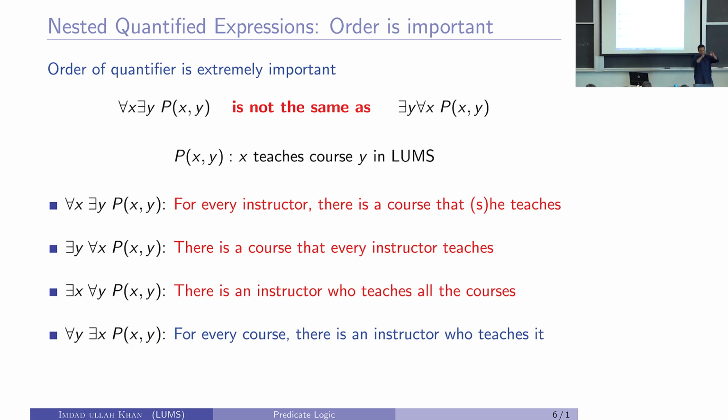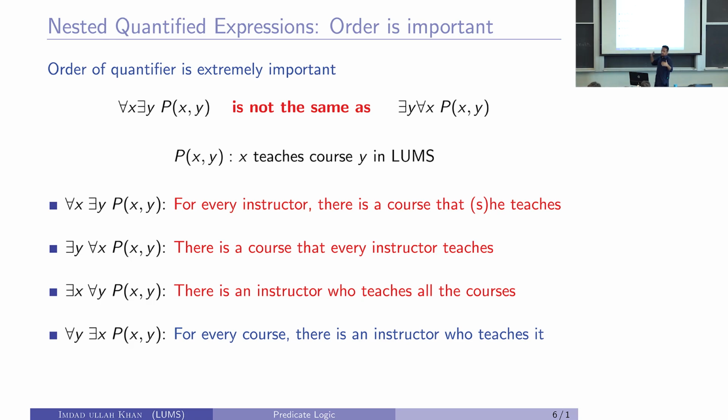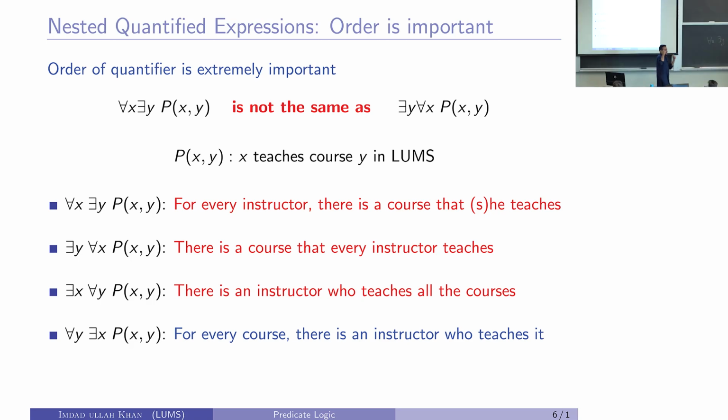Unless there is a special type of self-taught course, peer learning. Maybe there is something. Again, the truth value is not our thing. But do you see these statements? You flip the order, the statement changes. Please see this board.